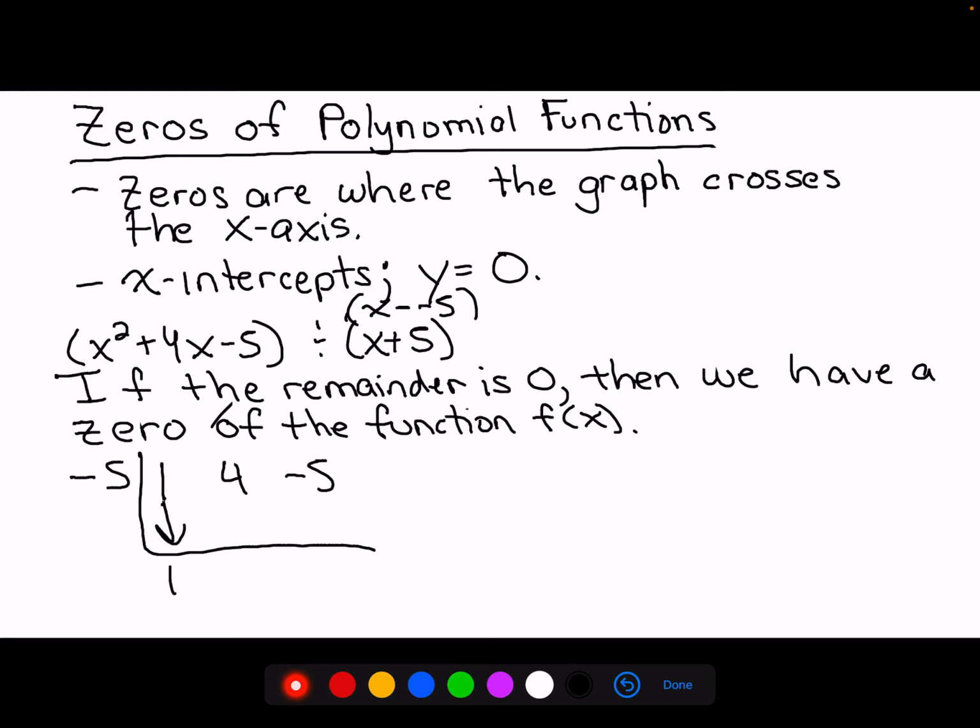Bring down the 1, multiply, add, multiply, add. Okay, so in our result we get x minus 1 with a remainder of 0. Yes, remainder is 0. So that tells us that negative 5 is a 0 of the function.